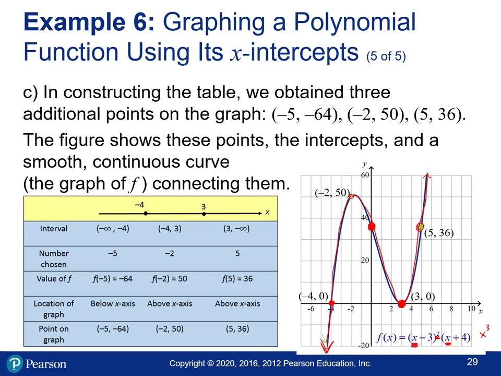So x squared times another x is x to the third, and so it's odd. We talked about this before, but odd degree. So the end behavior is going to go down to the left and up toward the right, which is exactly what happens on our graph here.